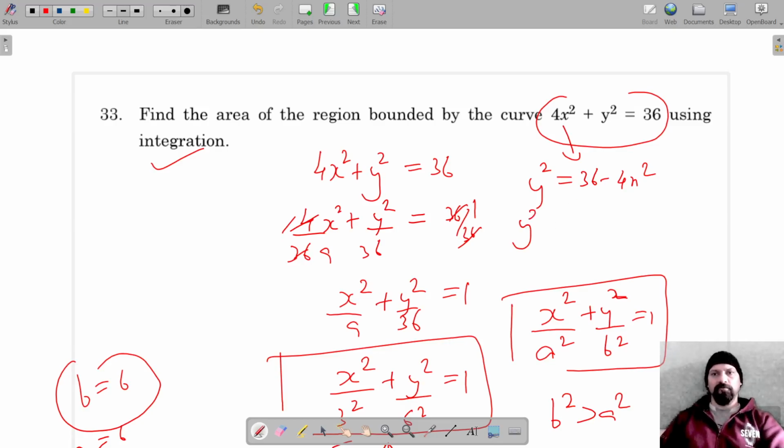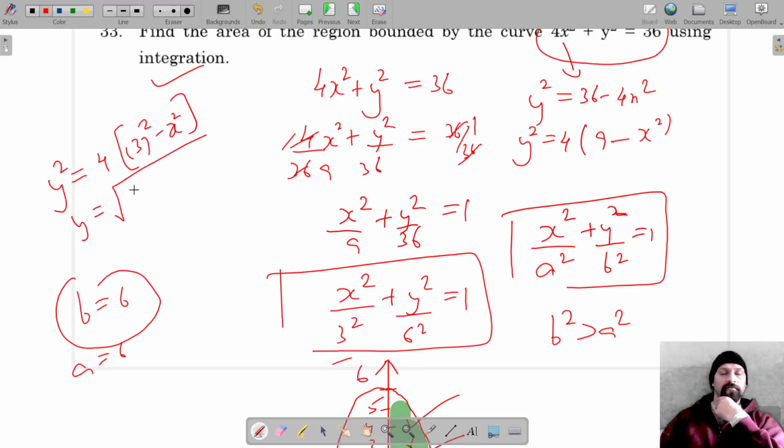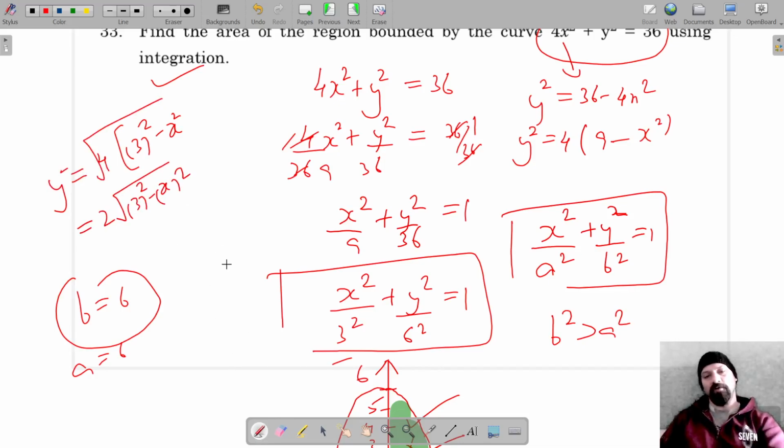I can take 4 common here, so this is 4 into 9 minus x squared, which is 4 into 3 squared minus x squared, and y is equal to the square root of this. The square root of 4 is 2. So 2 into the square root of 3 squared minus x squared is the value of y.